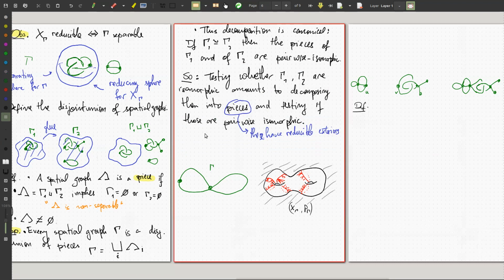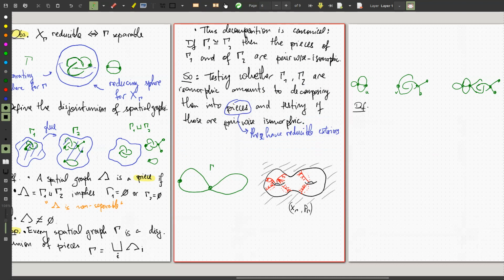We need to find the pieces, and we can do that algorithmically. This is a very important point. I was somehow skimming over it, but thanks for the question. Finding these decompositions is also something that can be done algorithmically.